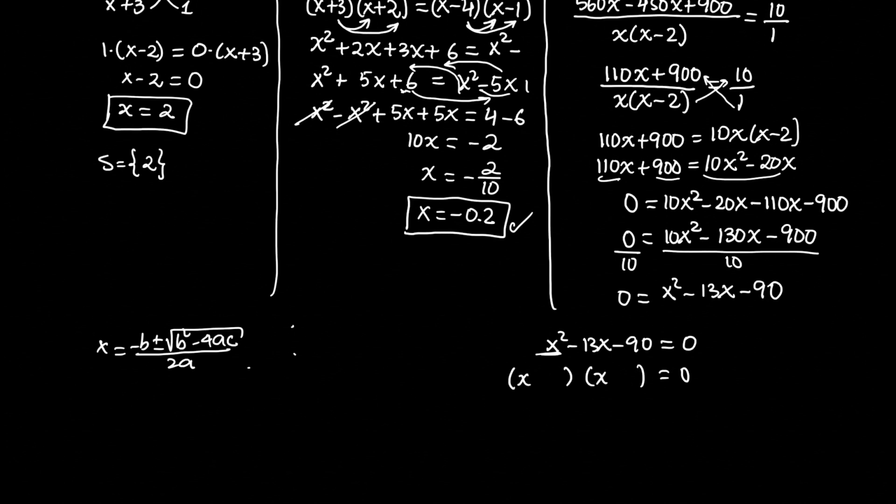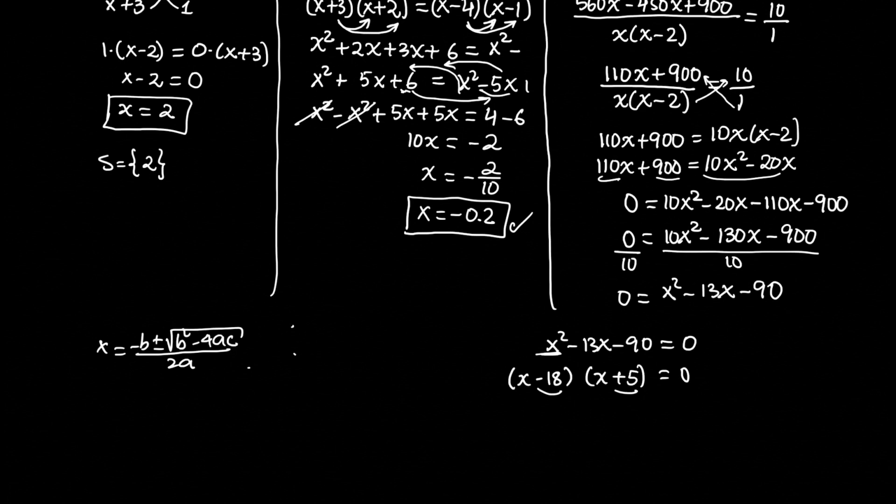Now to have the 90, I want two numbers that, if I add them, give me minus 13. These numbers are minus 18 and plus 5, because minus 18 plus 5 gives minus 13.